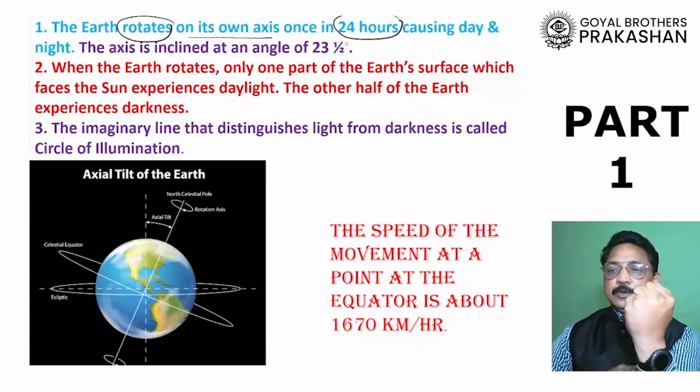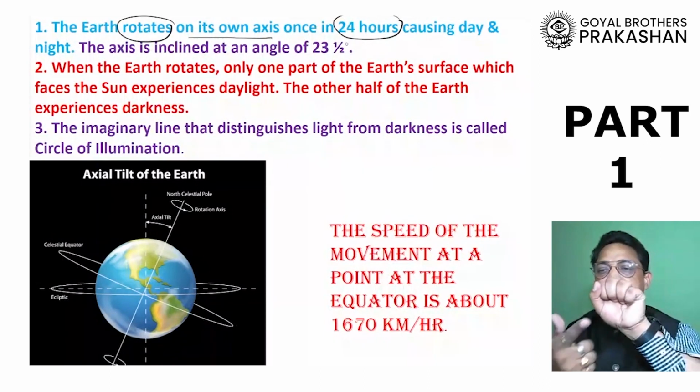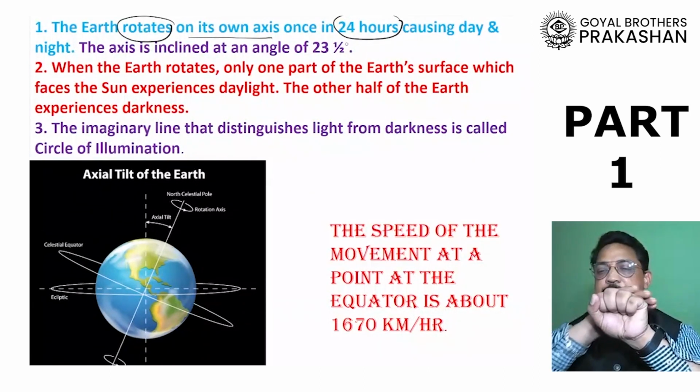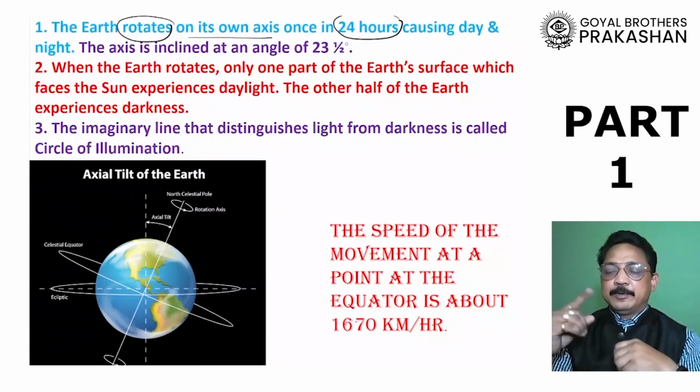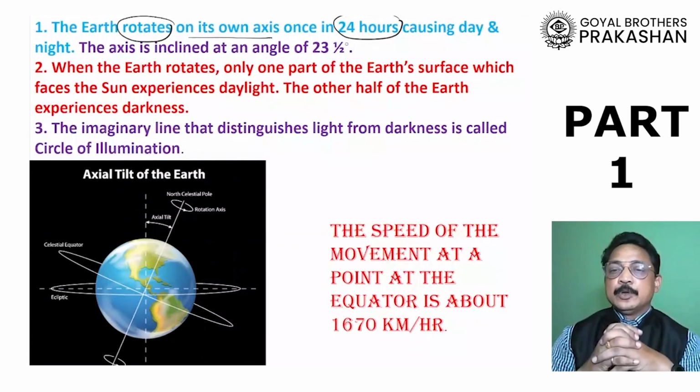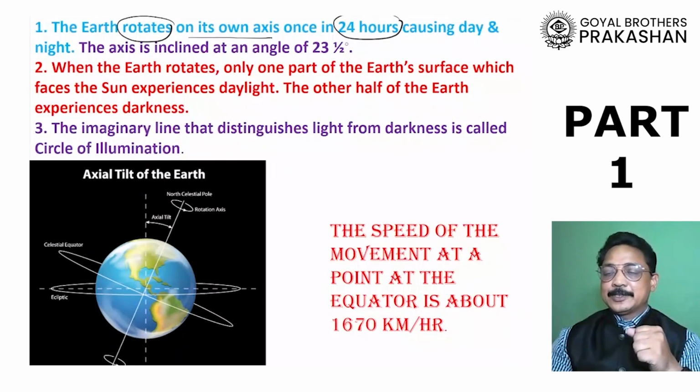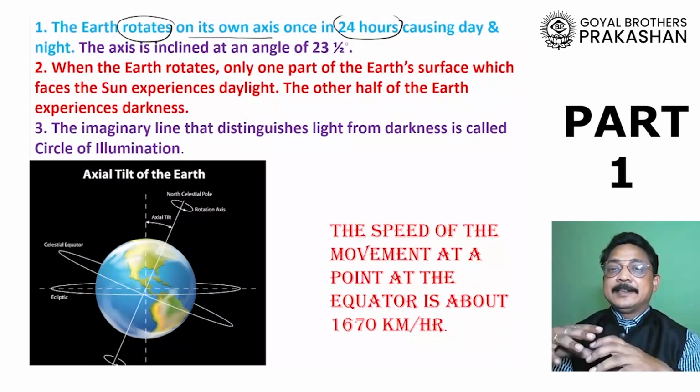When the earth rotates around itself, the point which was in darkness has now come into light, and the other part has gone behind. Therefore, there is going to be daytime. So rotation of the earth is responsible for the alternate day and night cycle on most parts of the earth.